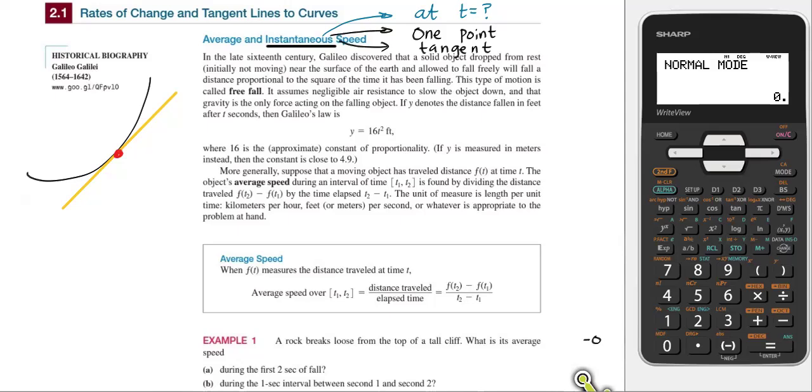All right, so what did I say? I've covered it, don't worry. Average gives me 2 points, and I can work it out directly. Instantaneous is 1 point, and I can't work it out directly. I need to borrow the method of average and work out some average speeds.